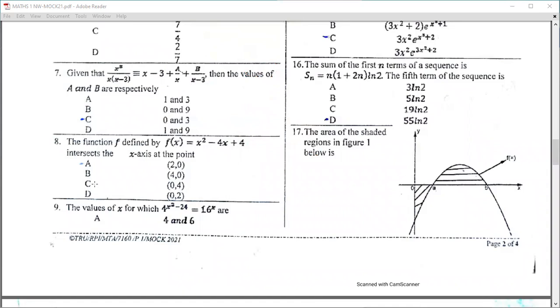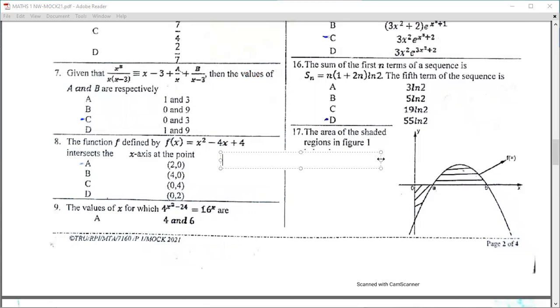Now, number 8, we have the function defined as x squared minus 4x plus 4. It intersects the x-axis at the point where y is equal to 0. If you solve this quadratic using any method you want, it has repeated roots.